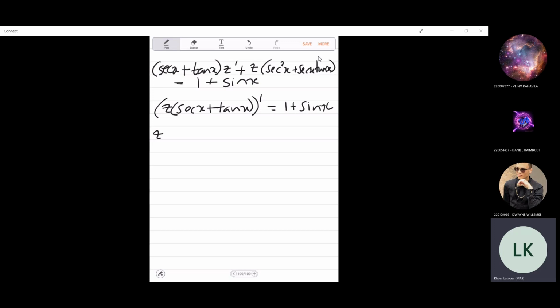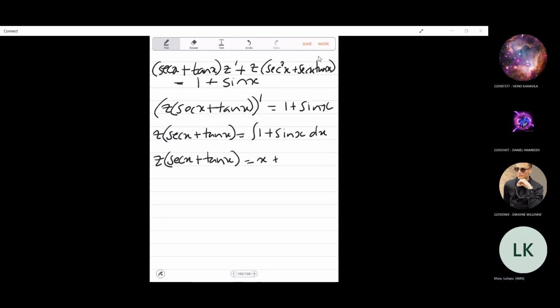So we have z (sec x plus tan x) is the integral of 1 plus sine x dx, which is x plus or minus cos rather, minus cos x.